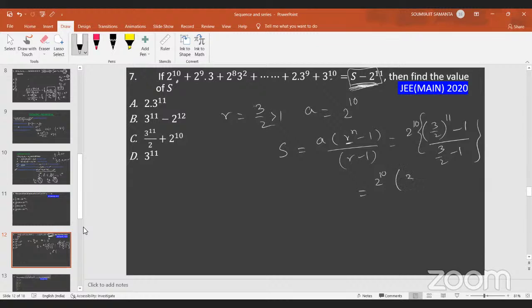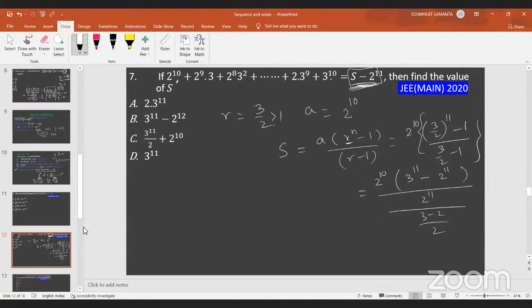So this is becoming 3 to the power 11 minus 2 to the power 11 by 2 to the power 11 divided by 3 minus 2 by 2.